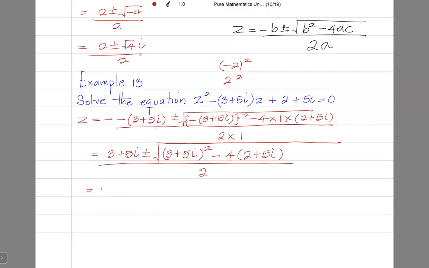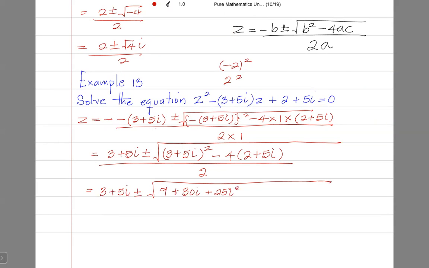So this is 3 plus 5i plus or minus the square root of. Well, if I square 3 plus 5i, I'm going to get 9 plus 30i plus 25i squared.